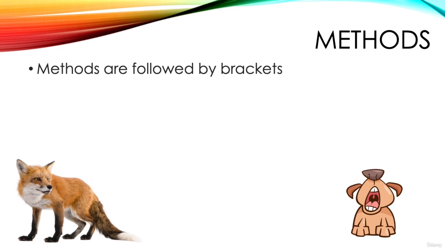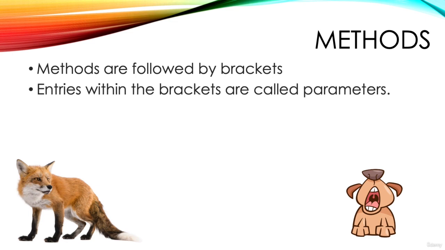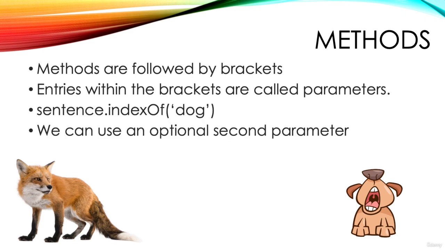All methods use brackets. It sets them apart from a property, such as length, that doesn't need brackets. The word we supplied is called a parameter, and we'll meet parameters a lot in the course. The indexOf method is most often used with a single parameter, like this, but we can use a second parameter.